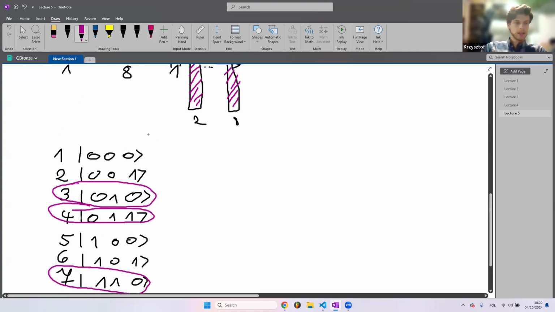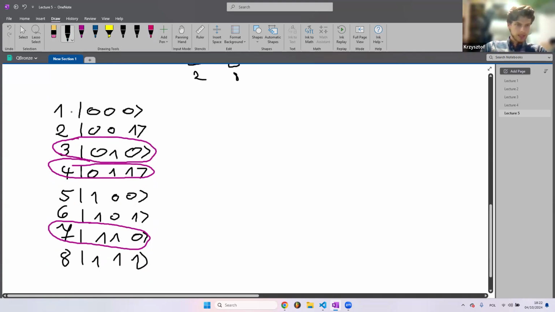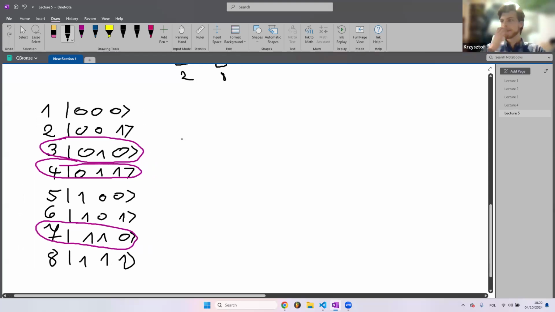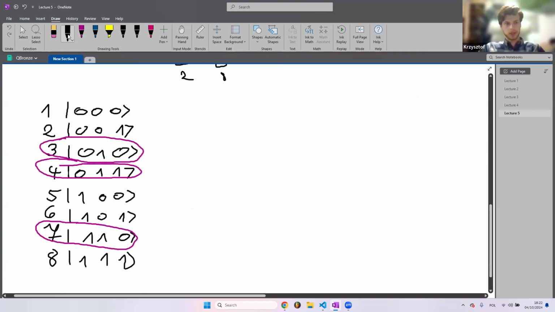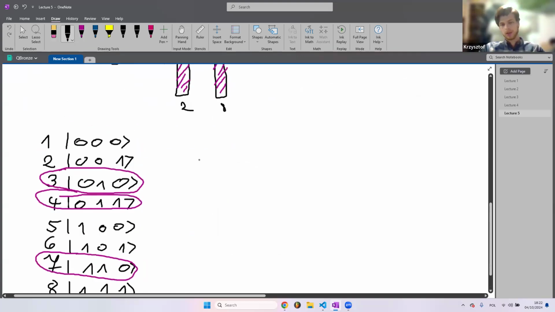Let's choose such states. Okay, and then we will try to construct a quantum state.